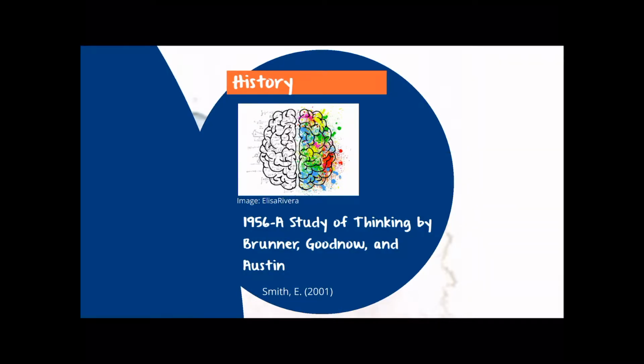A study of thinking by Bruner, Goodnow, and Austin was one of the most important pieces of literature focusing on cognitivism. It talked a lot about the executive functioning skills that students need in order to be successful students and what teachers can do to bring those skills to the forefront and focus on them.